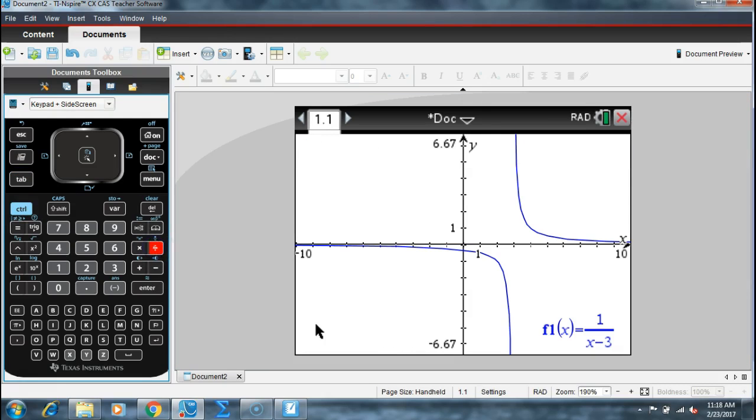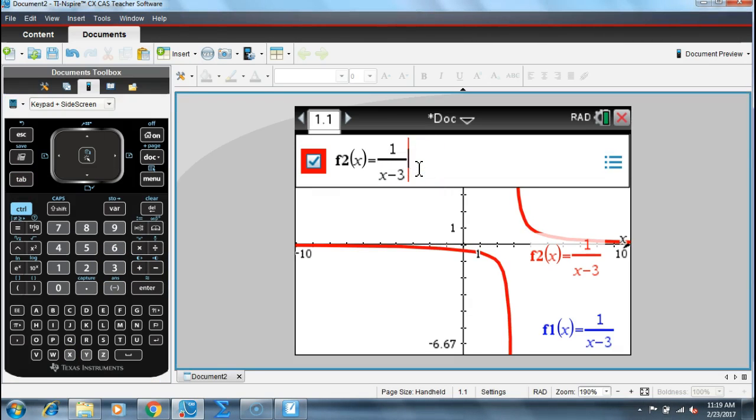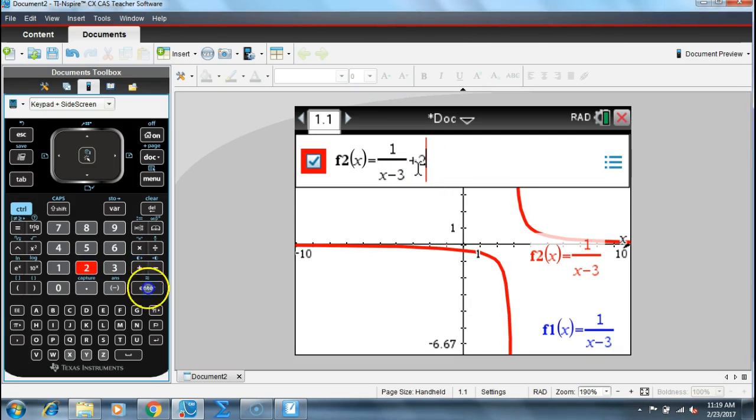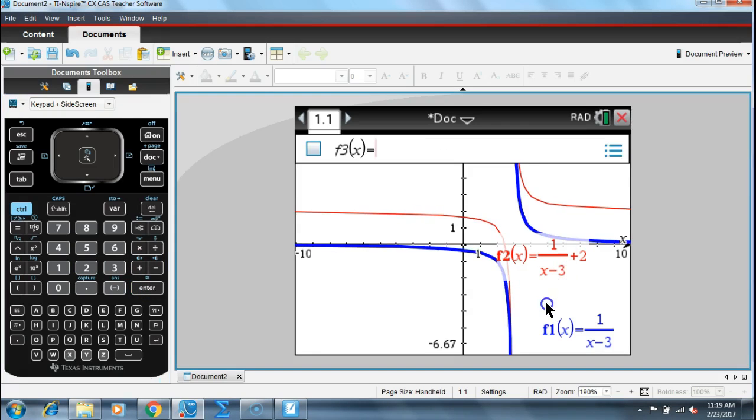Okay? So, let's see what happens then to that. Let's see what happens to that graph when we add 2 to it. Not yet, not yet, not yet. Okay, so there now is the graph.